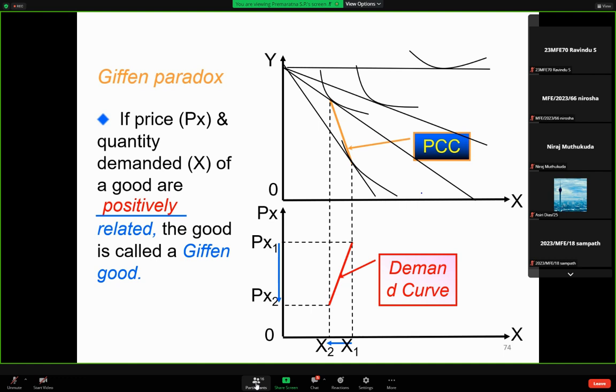To understand the real Giffen paradox or Giffen good, you have to break the total effect into the substitution effect and the income effect.